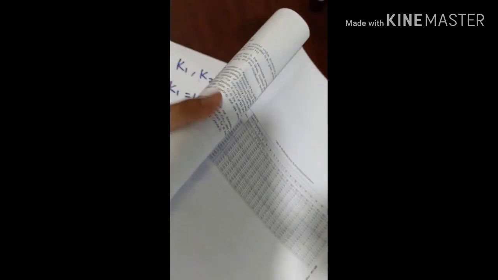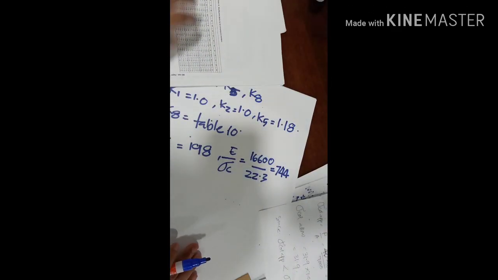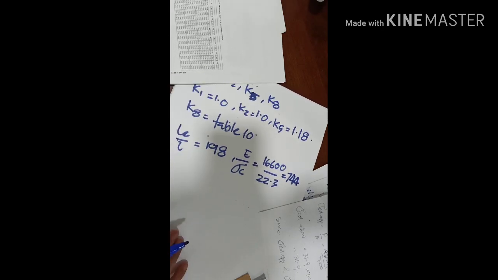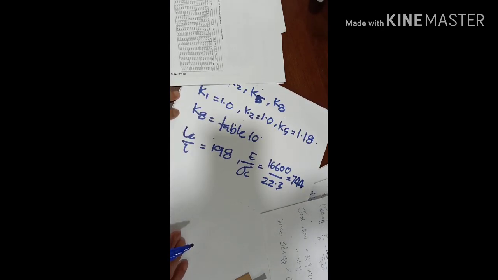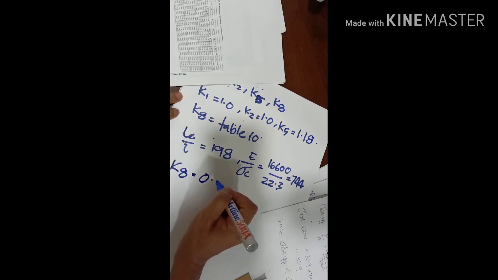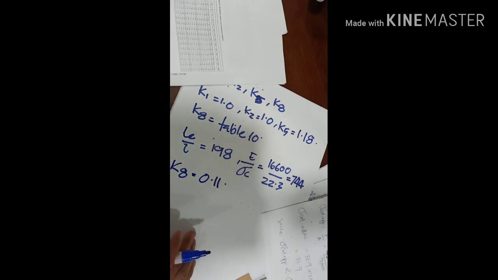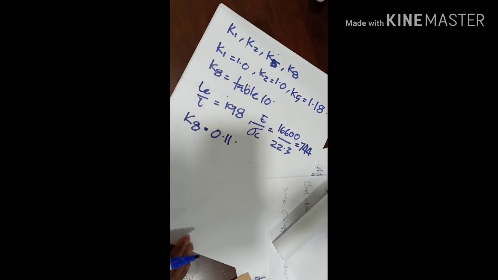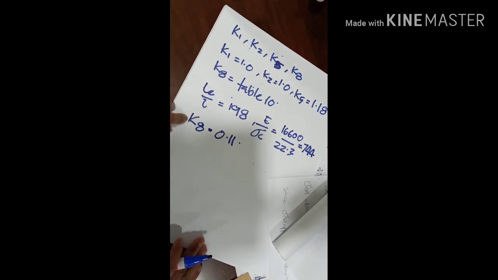Hopefully you know how to do the interpolation. From the calculation that has been carried out, K8 is equivalent to 0.11. So please do some exercise to carry out the interpolation and find how I'm getting the K8, which is equivalent to 0.11.